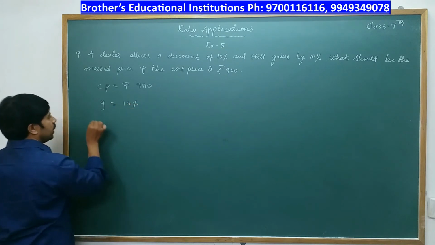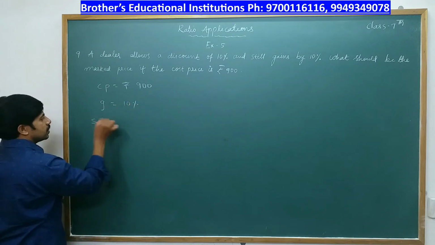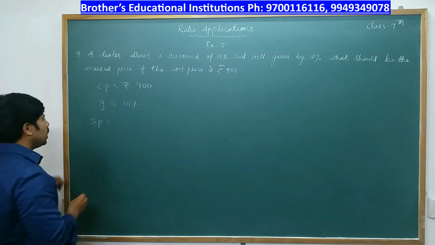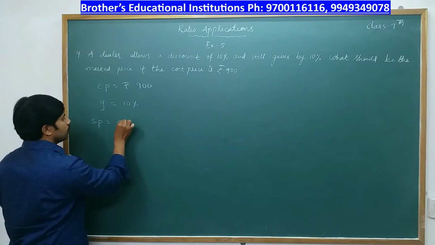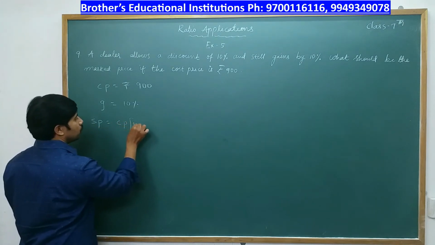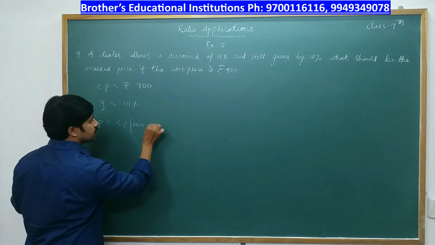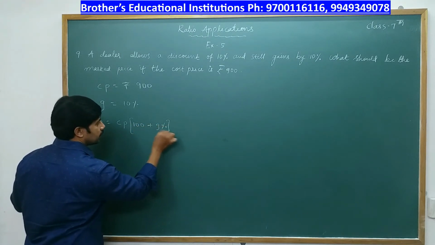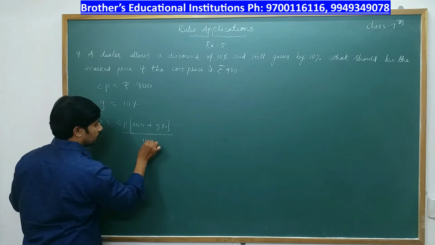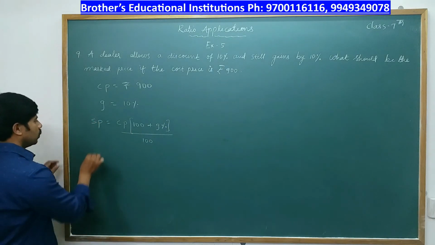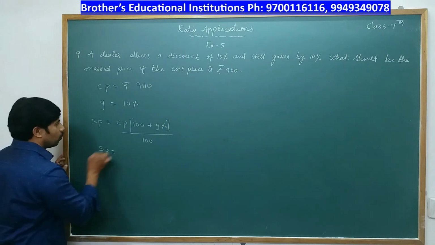So now I'll find out the selling price. So what is selling price? Selling price is equal to cost price into 100 plus gain percent by 100, right? So selling price is equal to, what is cost price?